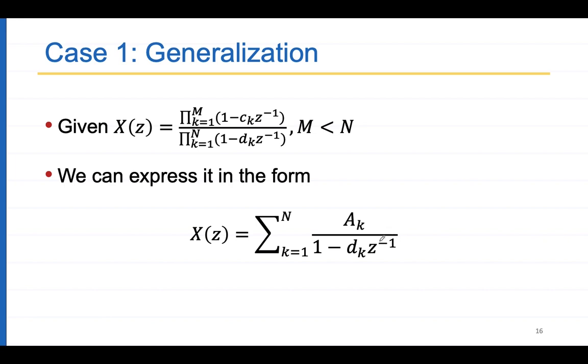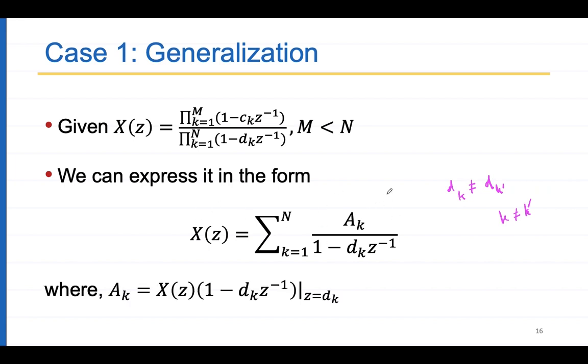One thing you have to notice is that all these d_k's are different: d_k is not equal to d_k' when k is not equal to k'. Then you know how to take the inverse z transform of this whole thing, and A_k you can find using the formula which we just derived.